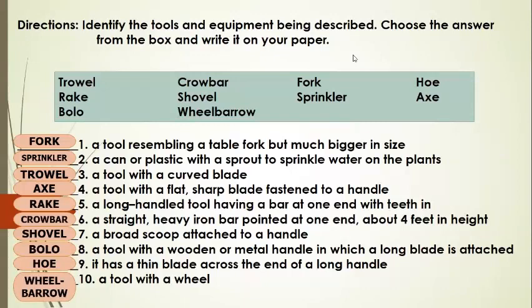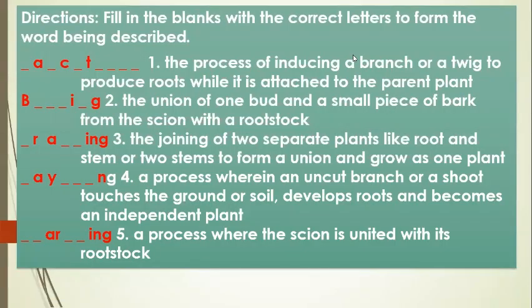So did you get all answers correct? Sana. So, you're all set? Let's proceed to the next. So this time you are going to fill in the blanks with the correct letters to form the word being described.